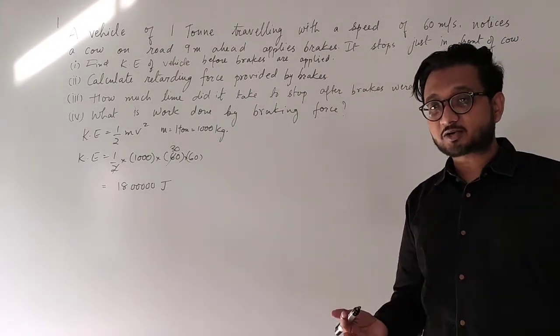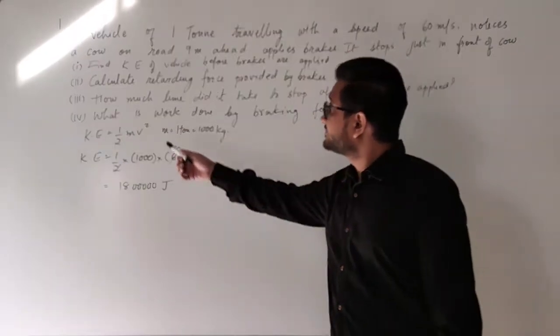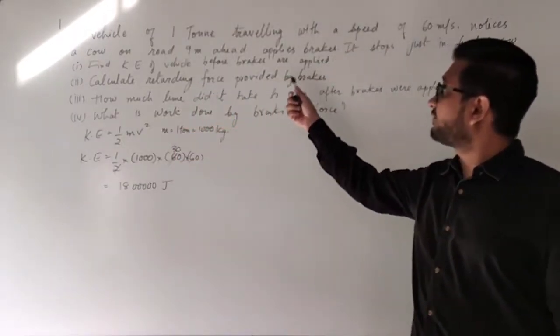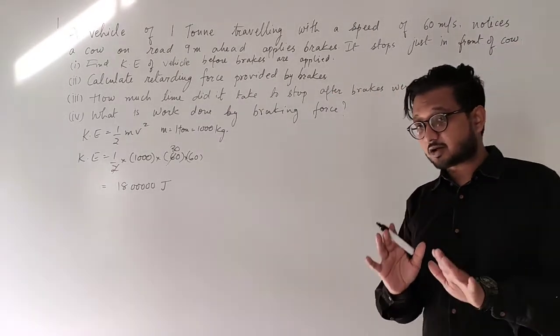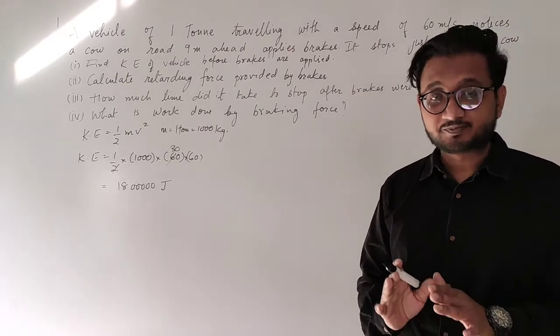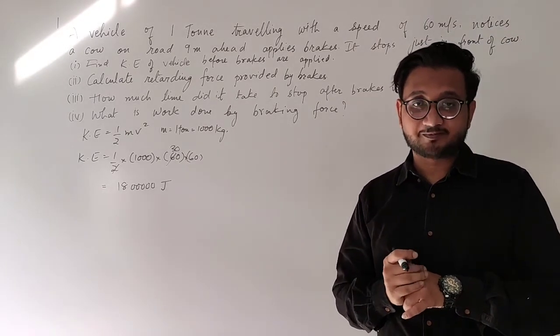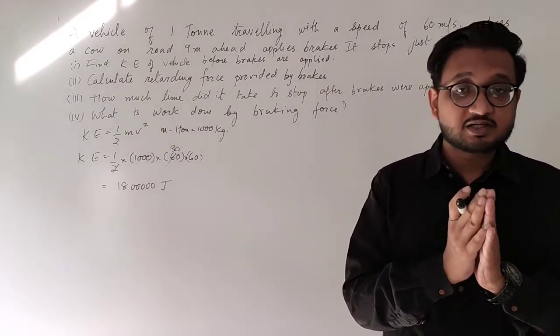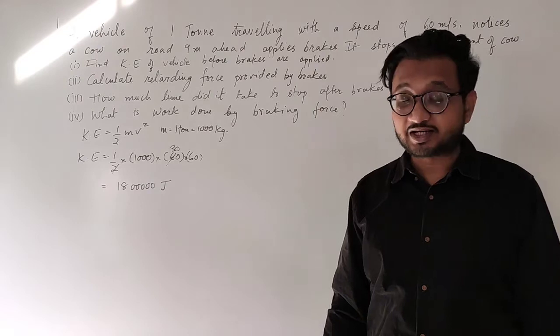Now the second part over here comes the complications. Second part is calculate the retarding force applied by the brakes. So now the brakes are obviously stopping the vehicle, and so they are applying the retarding force that is in the negative direction, and that is why the vehicle is stopping. So the force over here will be negative.